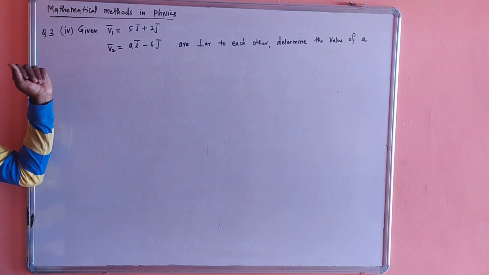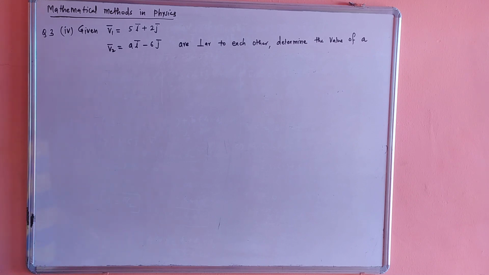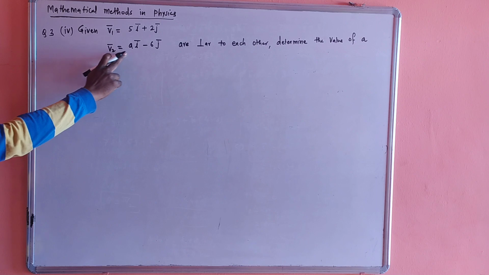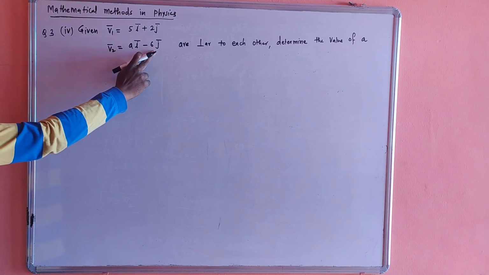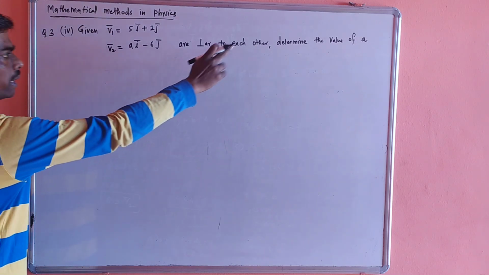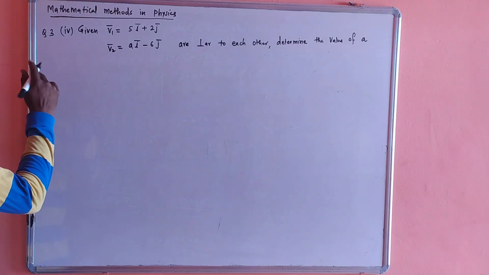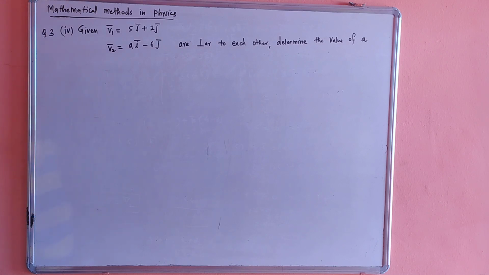This is problem number 4 from question 3. Given vector v1 is equal to 5i plus 2j, vector v2 is equal to ai minus 6j, and these two vectors are perpendicular to each other. Determine the value of a. We must understand that if two vectors are perpendicular to each other, then the dot product of the two vectors is 0.